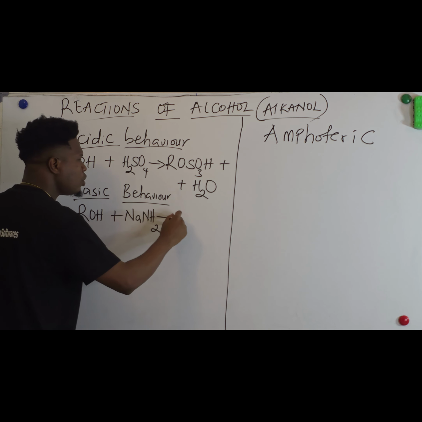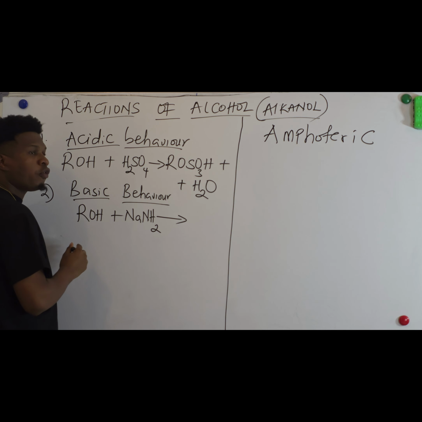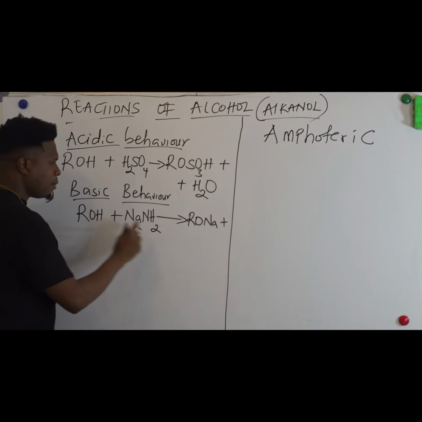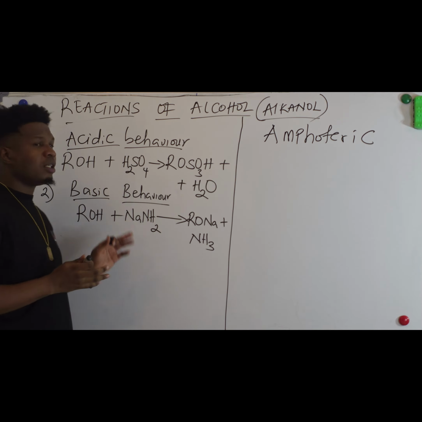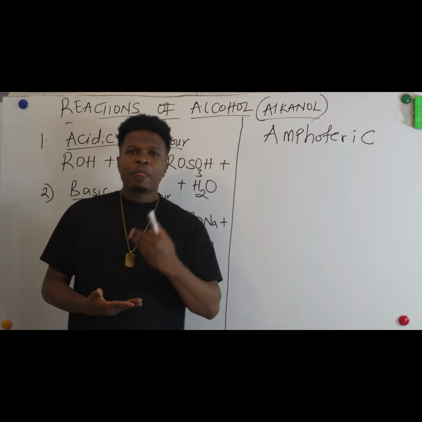When reacted with sodium amide, it is going to form an alkoxide, RONa plus ammonia. So this is the kind of reactions alcohols can undergo, which makes them what? To be amphoteric.